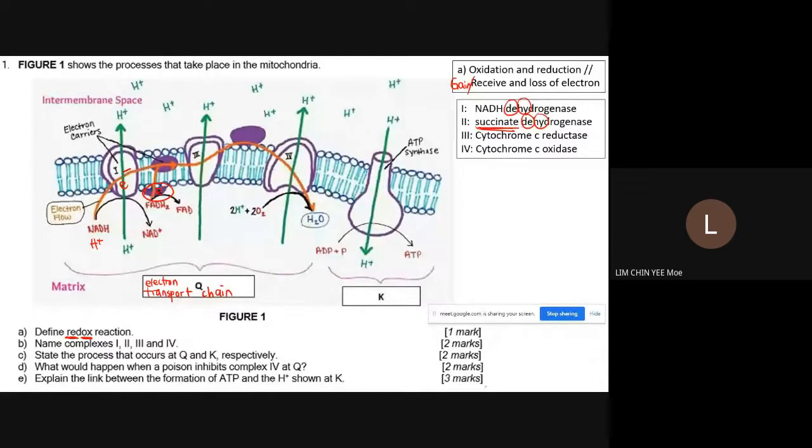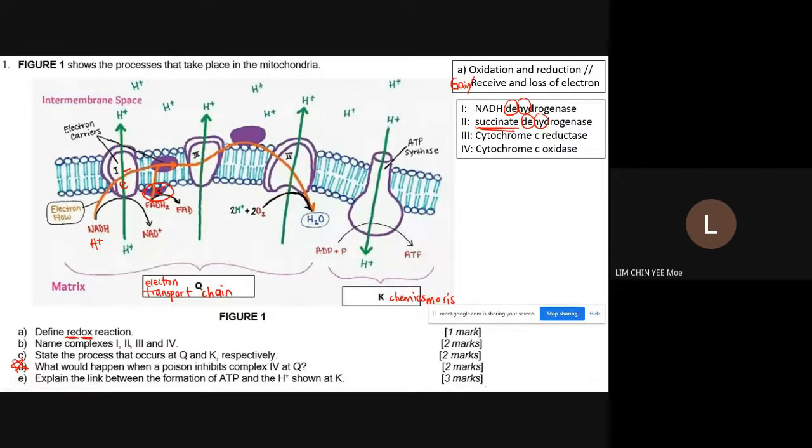Even though sometimes dia memang tak penalize, dia memang terima juga ETC, tapi lagi selamat tulis electron transport chain. And then for K, this will be chemiosmosis. Chemiosmosis. Okay.